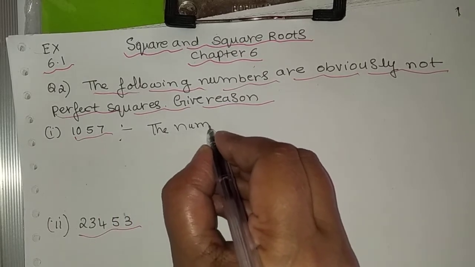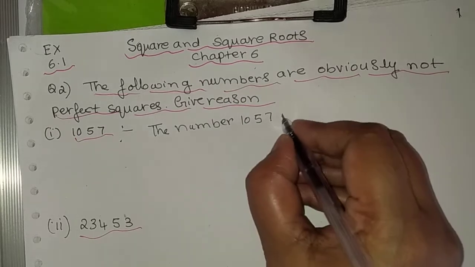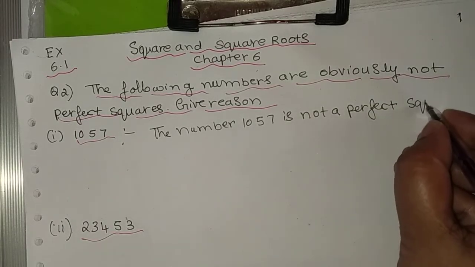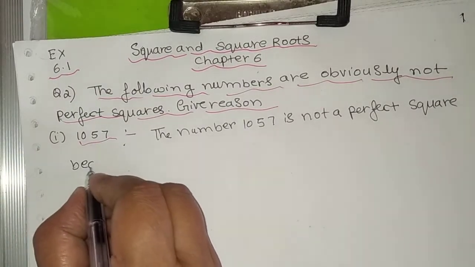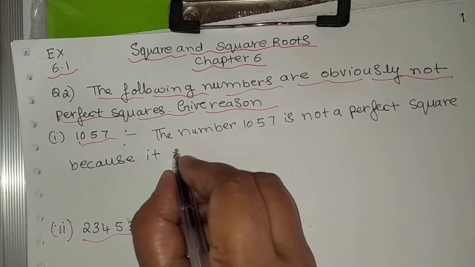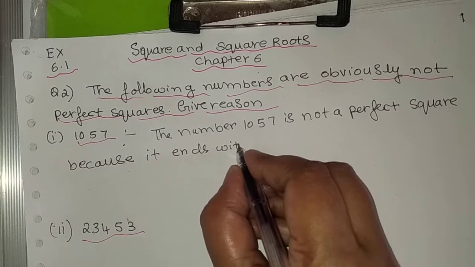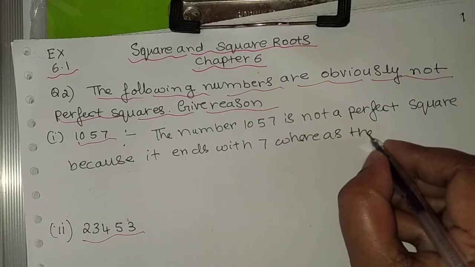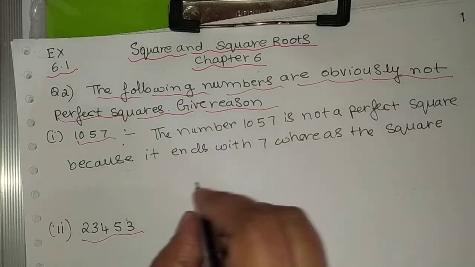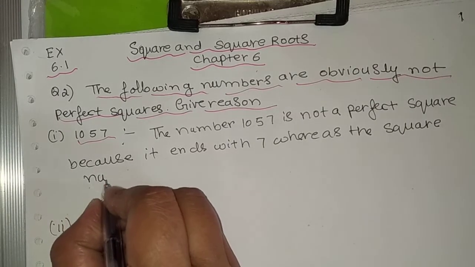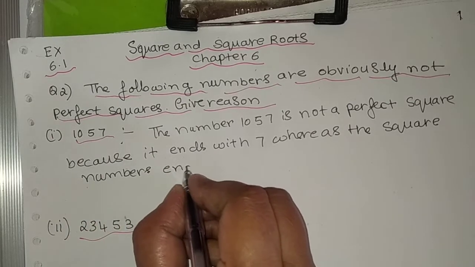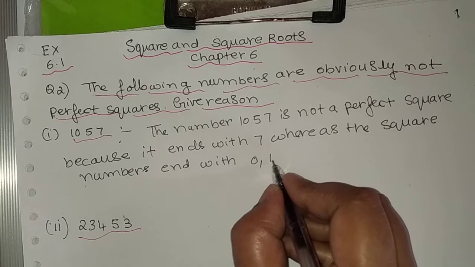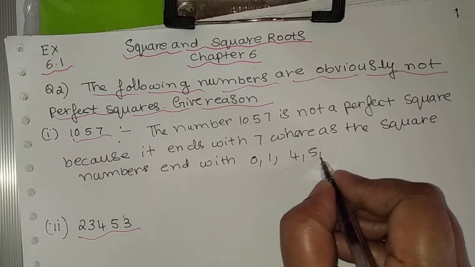The number 1057 is not a perfect square because it ends with 7, whereas the square numbers always end with 0, 1, 4, 5, 6 or 9 if the number is squared.